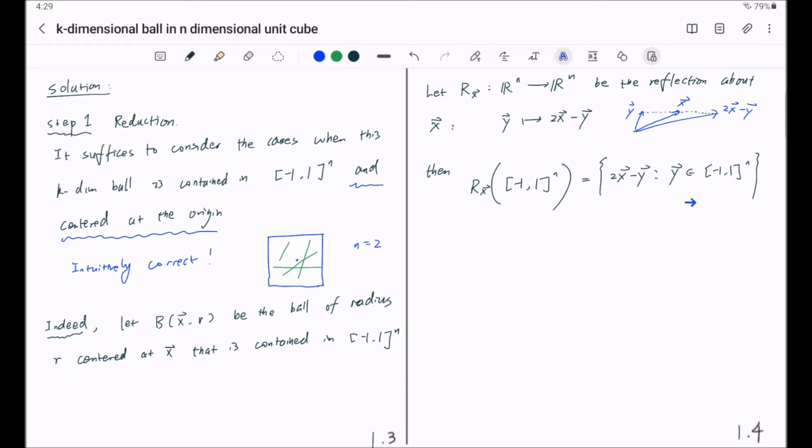So this is a reflection of this cube with respect to the point x. But on the other hand, we know this ball centered at x with radius r is already symmetric about x. The point is in this ball if and only if 2x minus that point is in this ball.